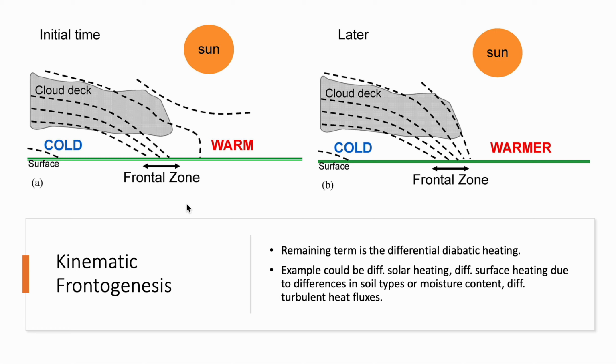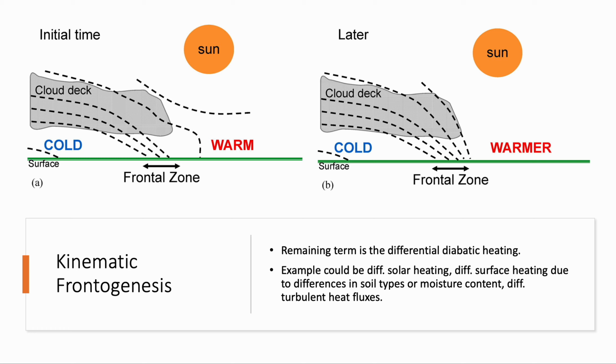And this is an example of differential diabatic heating that acts to intensify the front. At night, you might think that the opposite happens because now the soil can cool down, and so maybe the front will become less intense at night. So this is one example of variations that happen during the day.